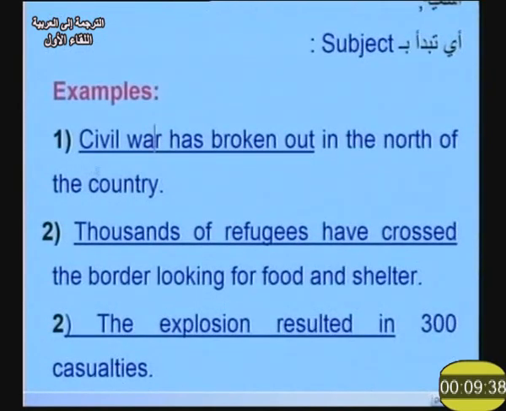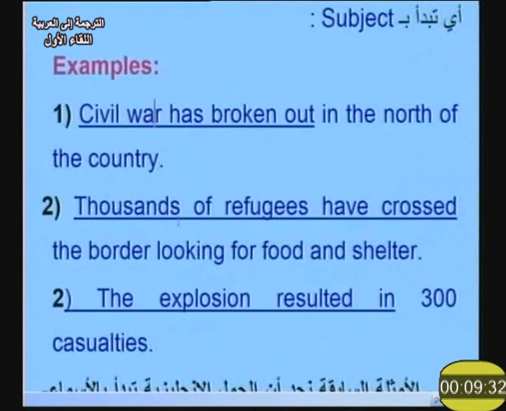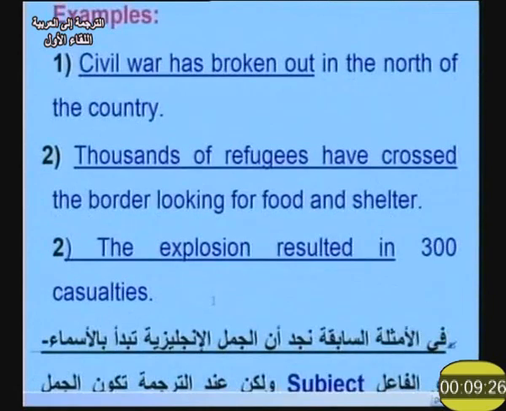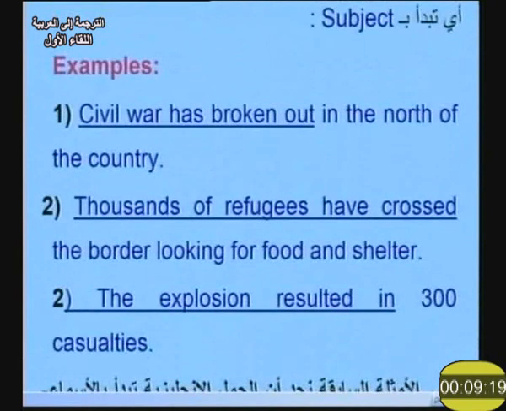Number 1, civil war has broken out in the north of the country. 2, thousands of refugees have crossed the border looking for food and shelter. 3, the explosion resulted in 300 casualties. Civil war, الحرب الأهلية, has broken out in the north of the country في شمال البلاد.